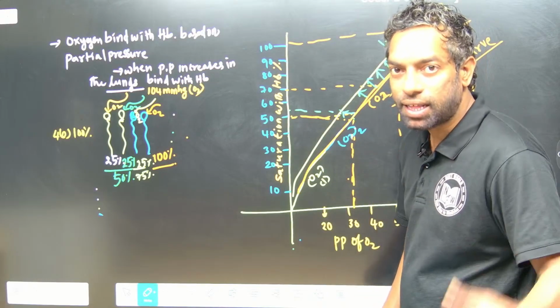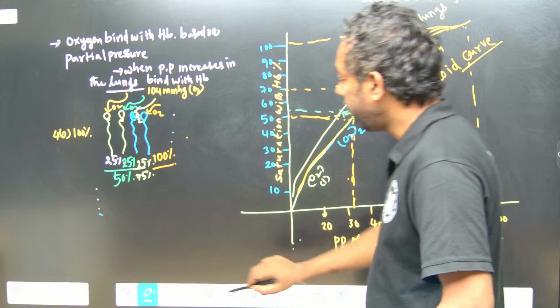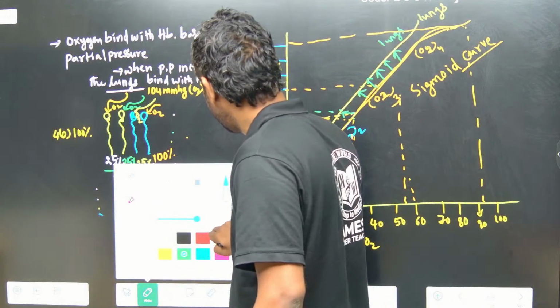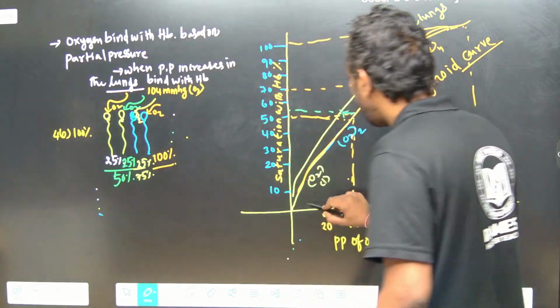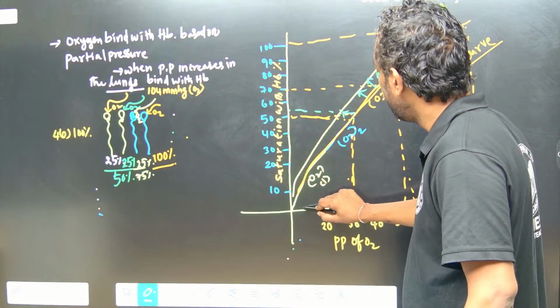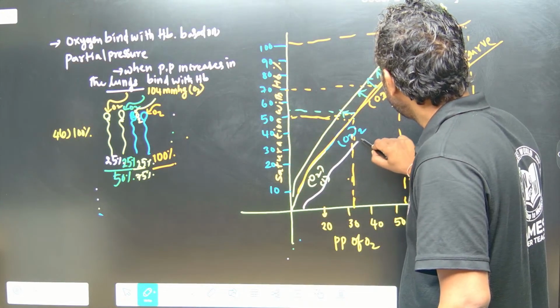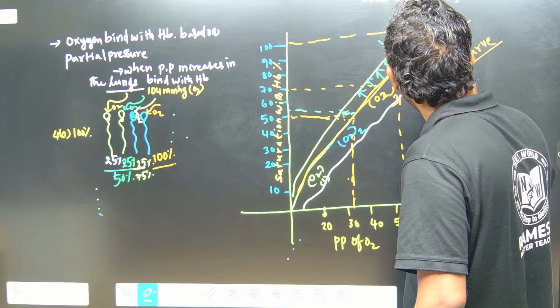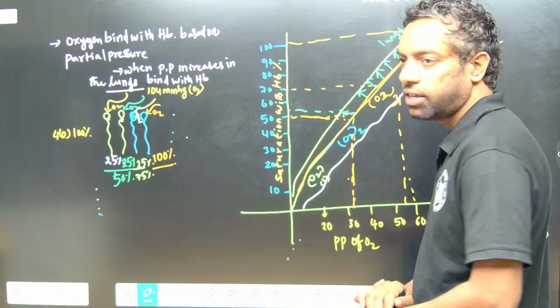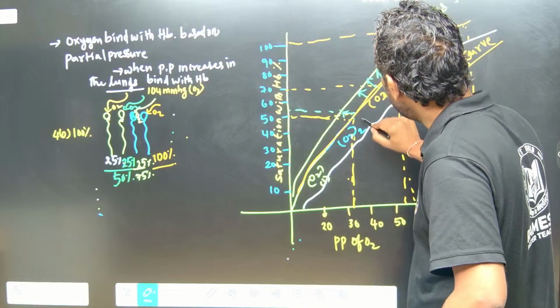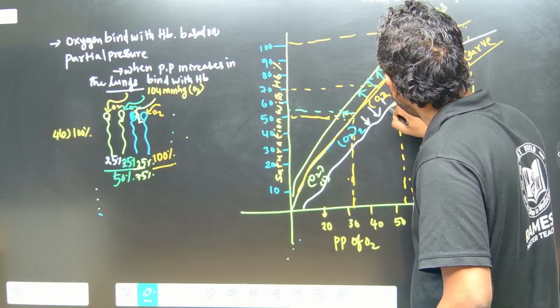If oxygen is delivered in the tissue, that leads to the curve shifting right, a rightward graph.